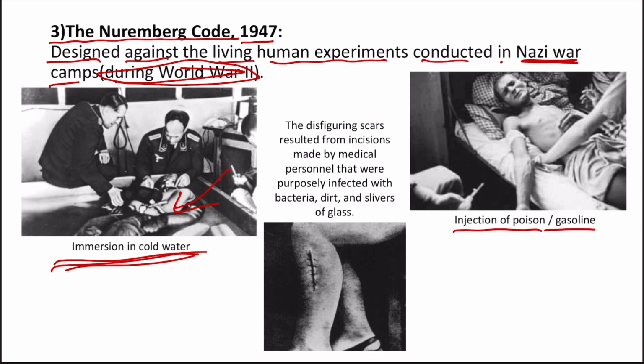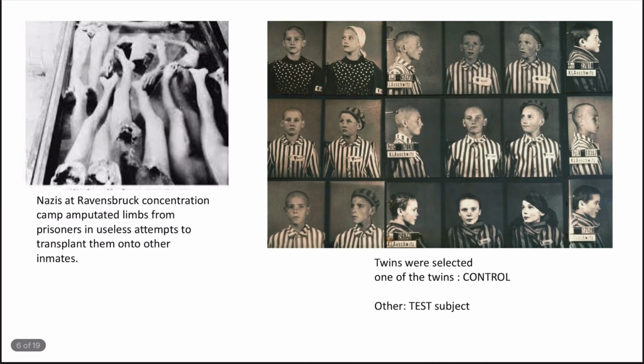Then here in this image you can see the disfiguring scars which were formed because of the incisions which were made by the medical personnel that were purposely infected with bacteria, dirt and slivers of glass. So this is basically to study the course of an infection. Then coming to the other experiments, you can see the amputated limbs.